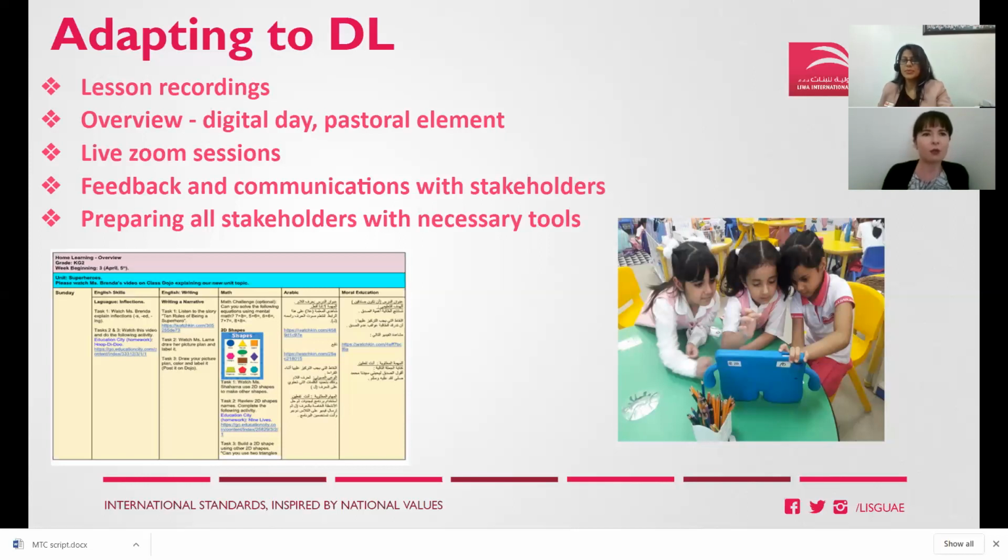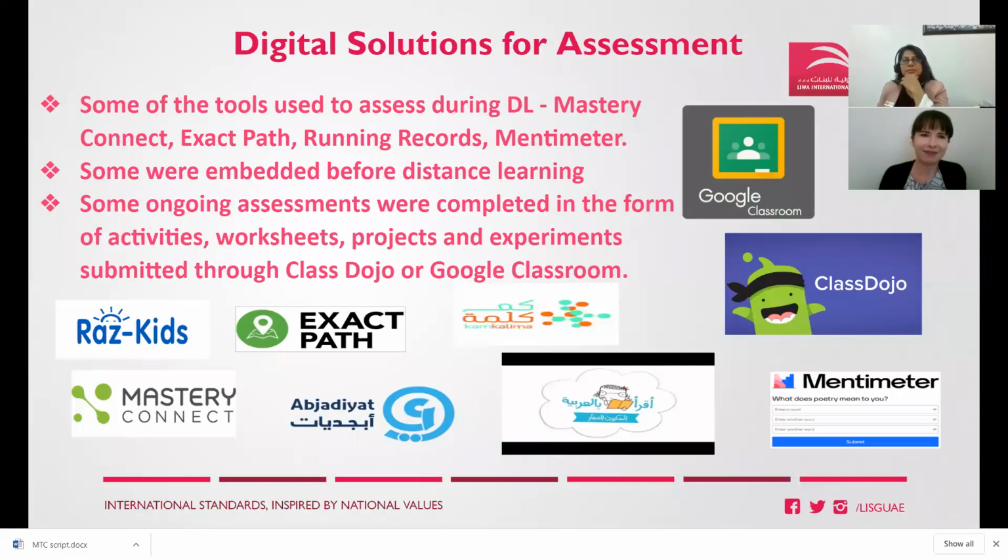We did this in a number of ways, such as a hotline where we had a tech team that supported parents with internet connection maybe, or how to log into online platforms. So that was back in March, preparing for distance learning.